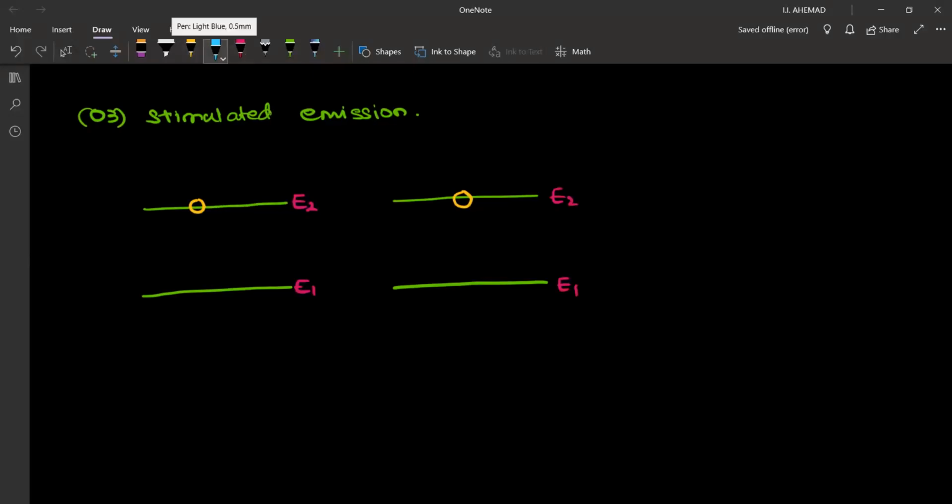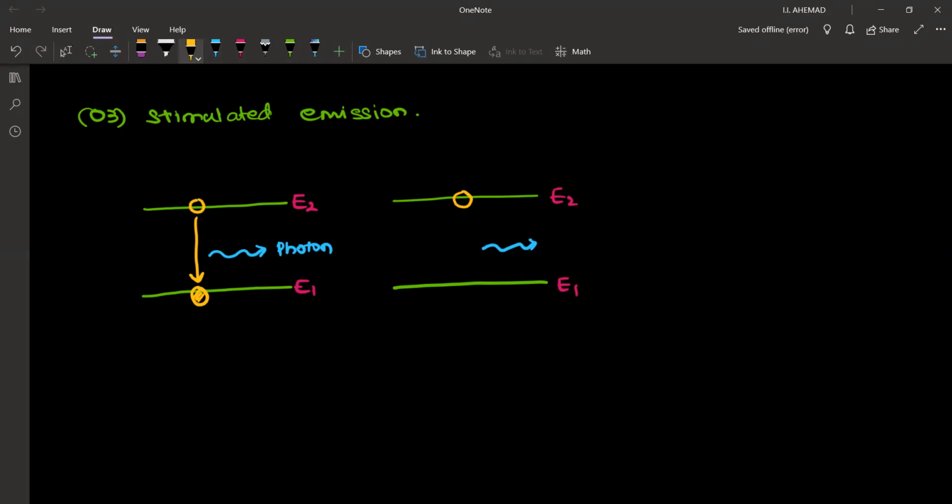Now, an interesting phenomenon is going to occur. That is, when this undergoes a spontaneous emission, a photon is released. And this photon passes this atom. When this is passing this atom, if this electron falls down and releases a photon, both of them are identical.